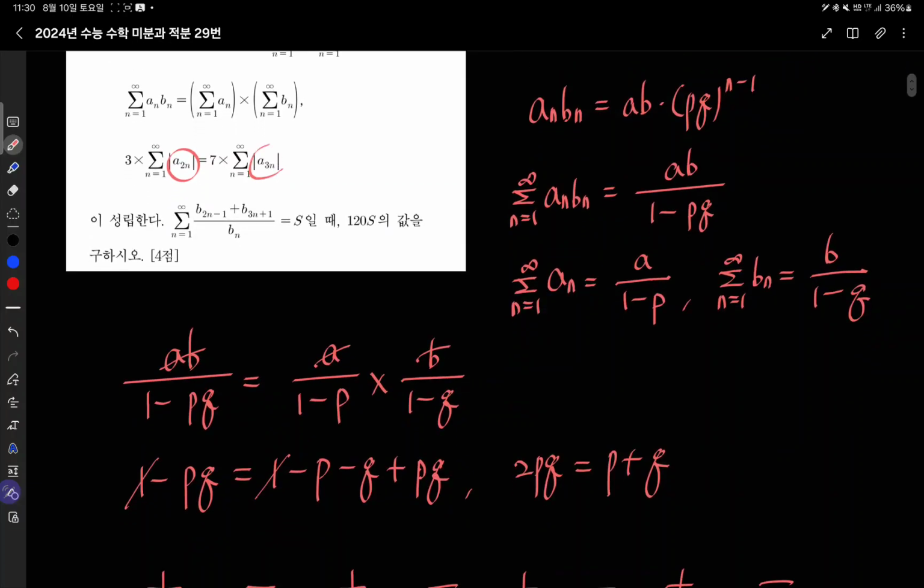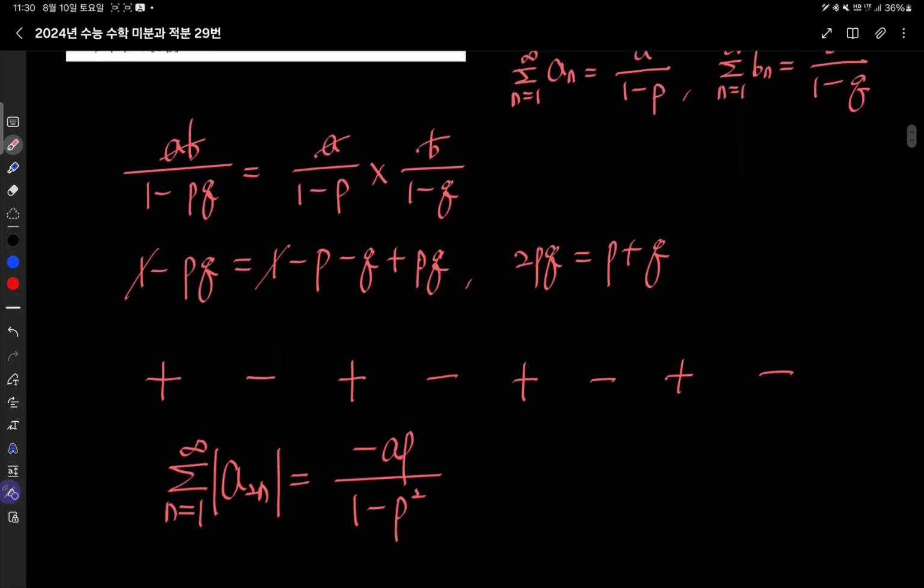And for the absolute value of the multiples of three terms, the third term is positive and sixth term is negative, and ninth term will be positive. So for the multiples of three, it will alternate between positive and negative.